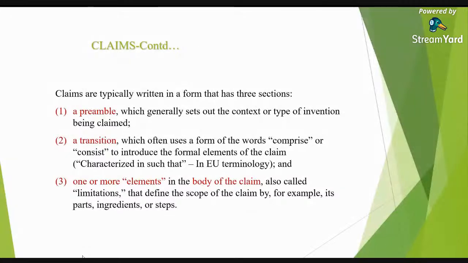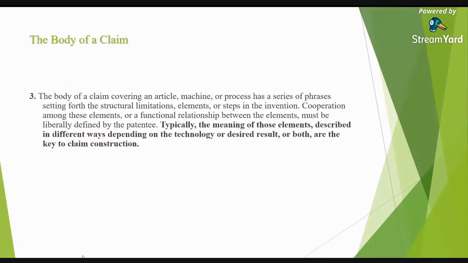So we just saw that a claim has a preamble, transition, and one or more elements or body of the claim, which defines the parts, ingredients, steps, use, etc. The body of the claim covers machine, process, phrases, ingredients, etc. So which I just told you, the meaning of those elements, different ways of describing the technology, the desired result, or both.